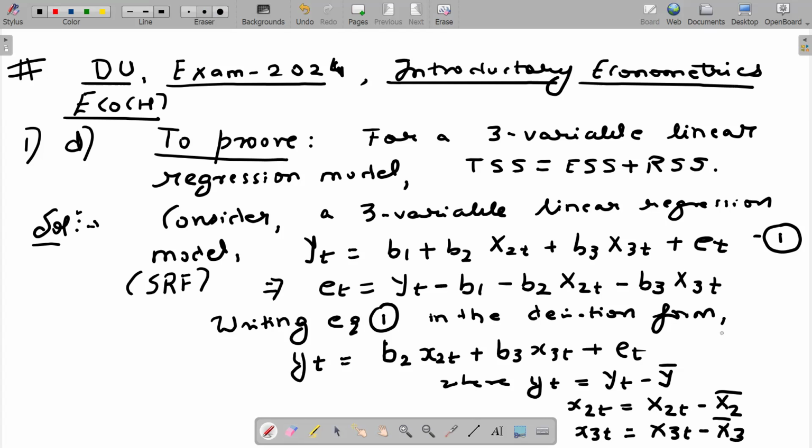Remember guys, e bar is 0 because the sum of the residuals is 0.